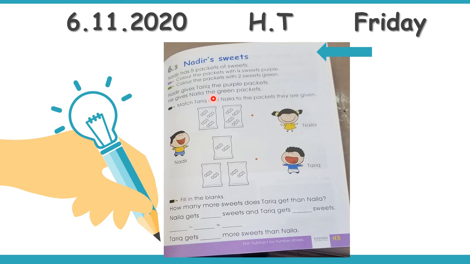He gives Naila the green packets. Yes, he gives Naila the green packet with 2 candies. Match Tariq and Naila to the packets they are given. Nadir gave the purple packet to Tariq, so you are going to match Tariq with the purple one with 4 candies and Naila with 2 candies, the green one.